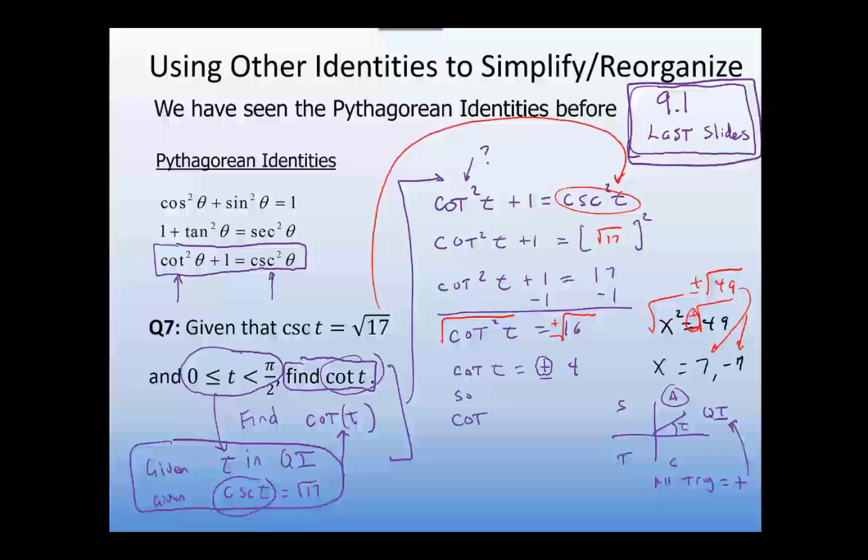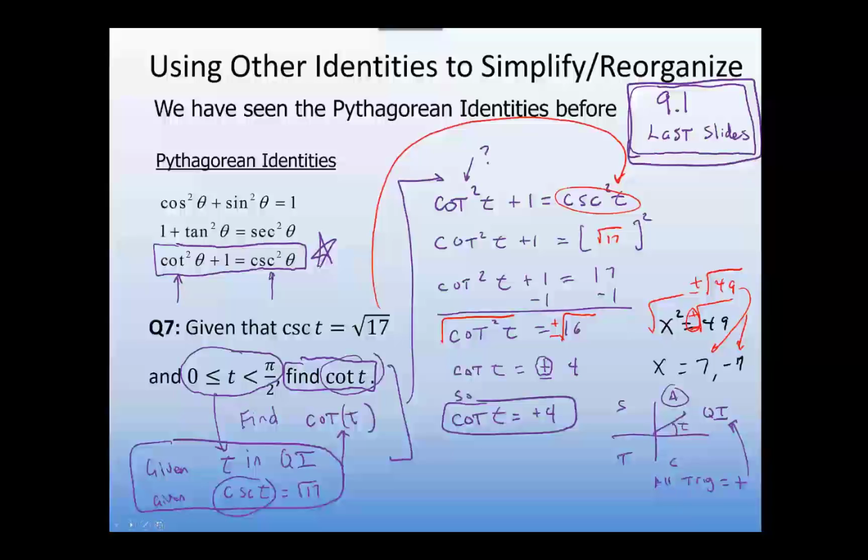So cotangent of t equals positive 4, and I'm done. I'm going to throw away the negative answer. The algebra had 2 answers, but in the context, I only need the positive solution. So what happened is we used an identity, a Pythagorean identity, to come up with an equation that allowed us to solve.